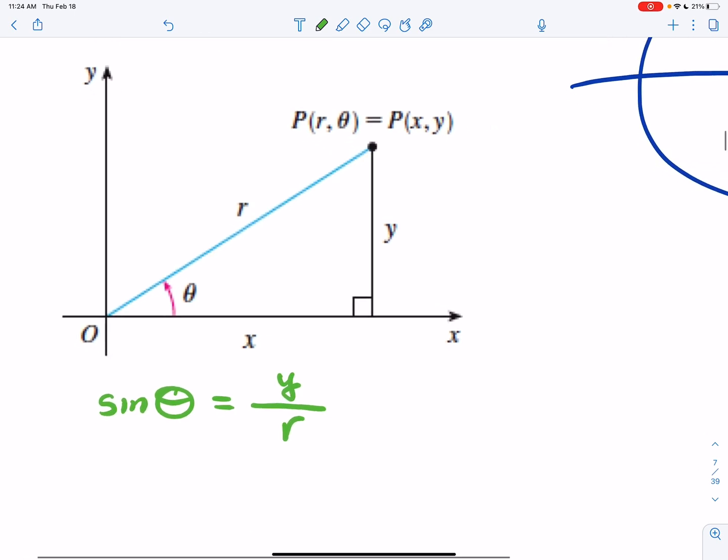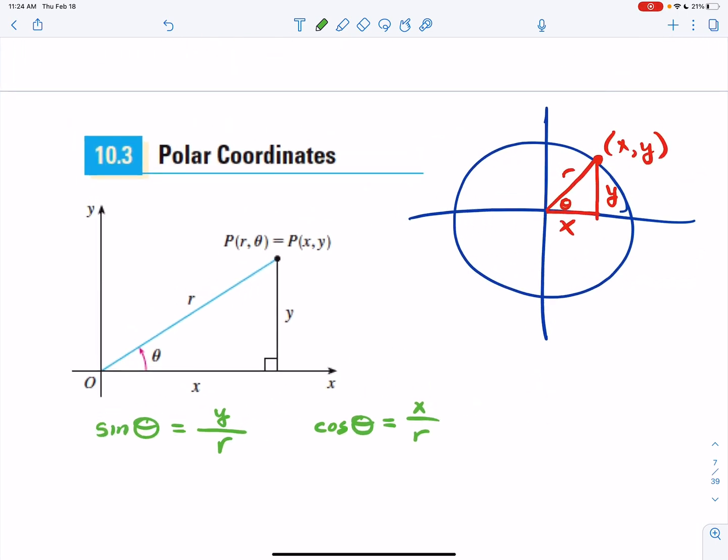Okay? And I know that cosine of theta is really, SOHCAHTOA, adjacent x over hypotenuse r. This is how our unit circle came about. That's why the x-coordinate represented cosine and the y-coordinate represented sine for all of your ratios. Okay?